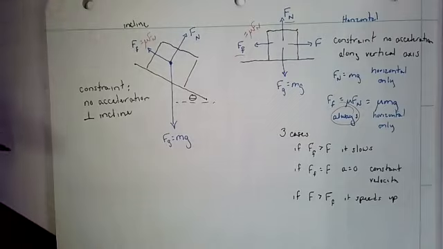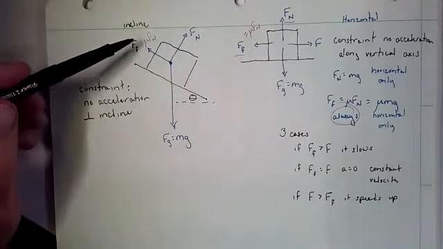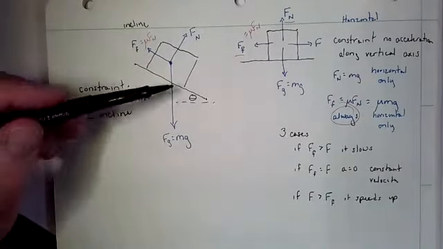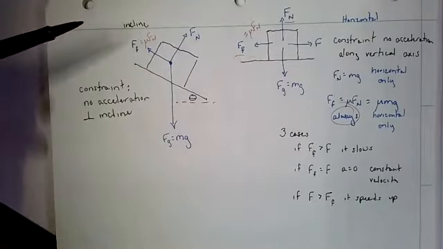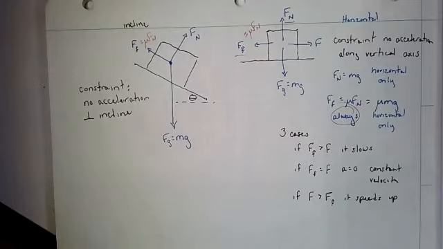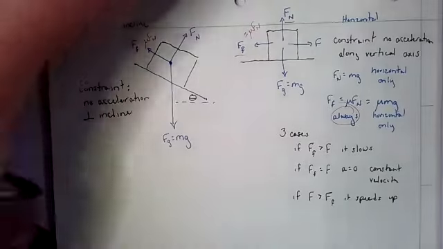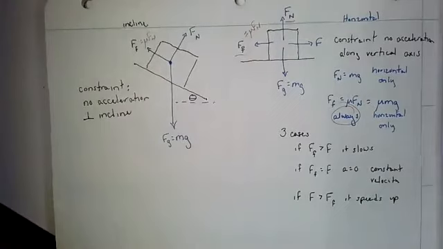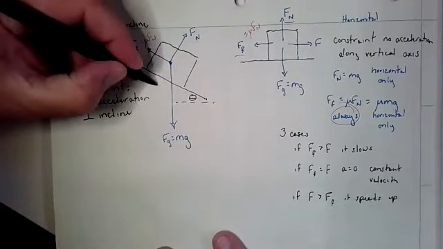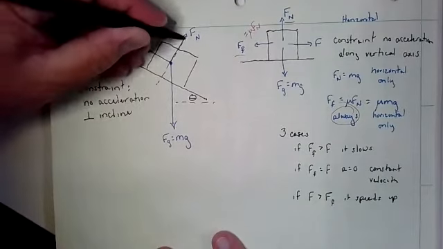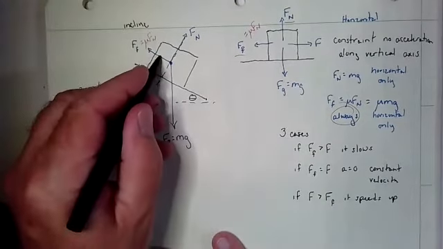Yeah, so that's big. And if that's the case, then we might want to think about not trying to resolve these two into their X and Y components, because that would be unnecessarily messy. Let's instead think about coordinate axes that are either perpendicular to the surface or parallel to the surface.